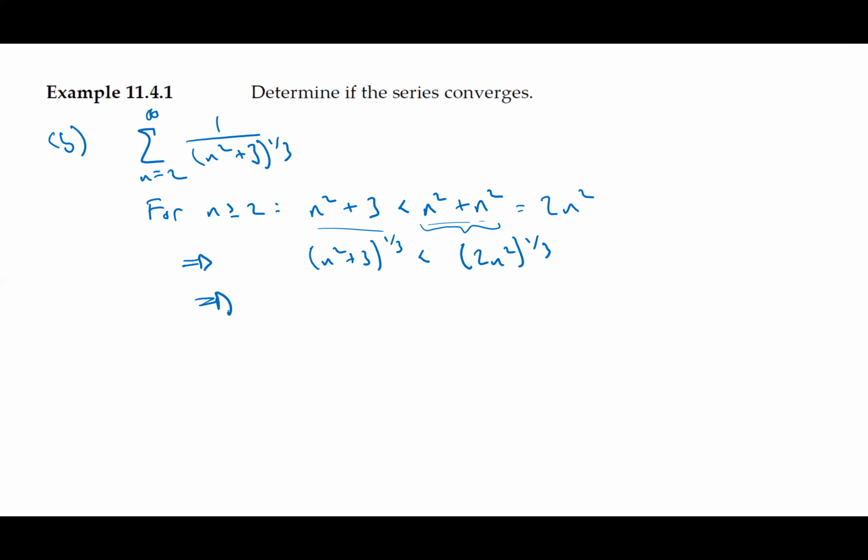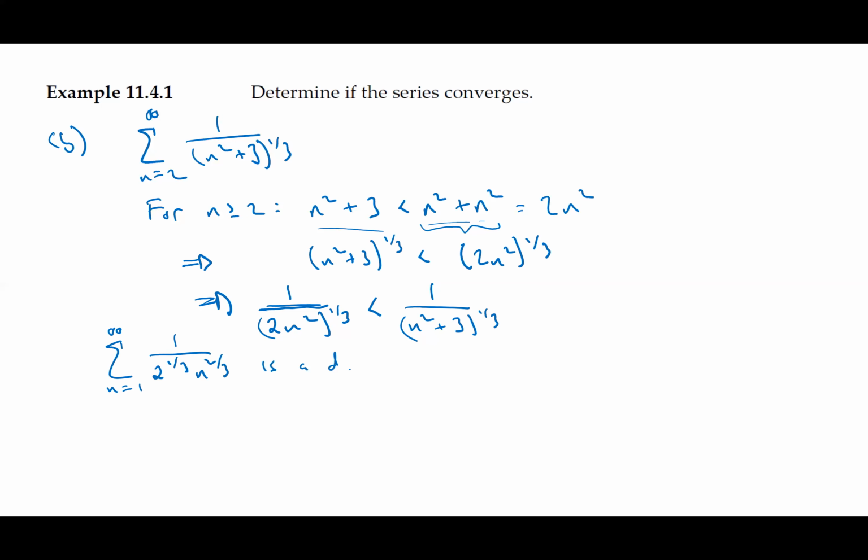Which also tells me, as quotients now, right? The larger denominator is going to be a smaller quotient. Okay. So now notice, so it's 2 to the 1/3 n to the 2/3.